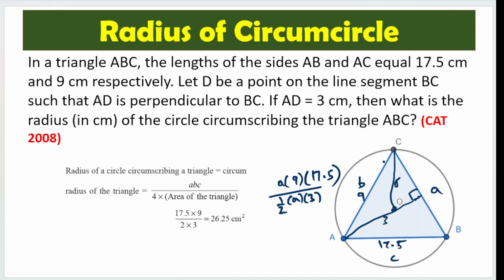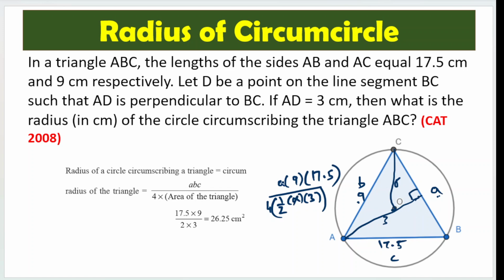This is the area of this entire triangle into 4. So we want a into 9 into 17.5 by 4 into area of this ABC triangle, which is half of base into height. Height is 3, right? Half of a into 3.